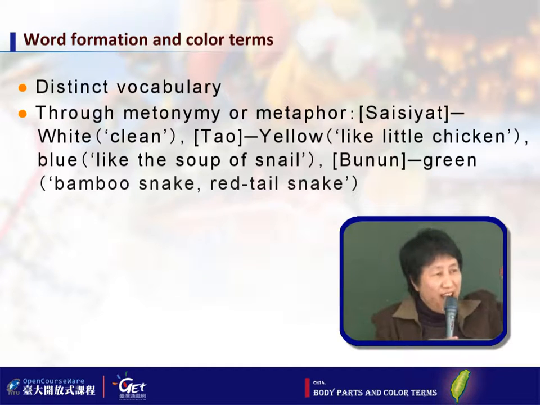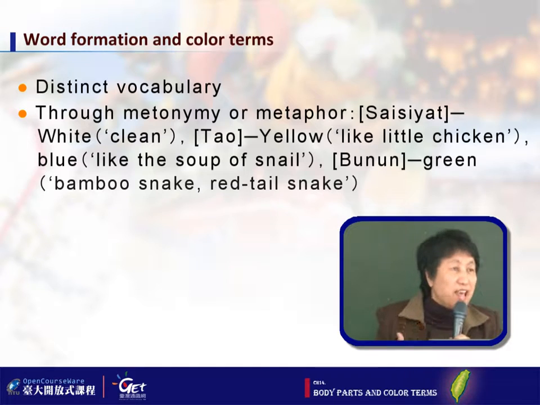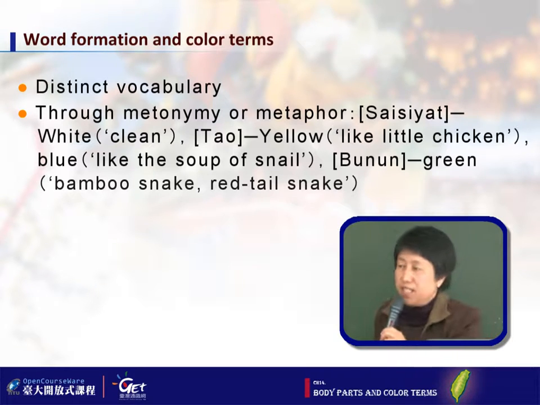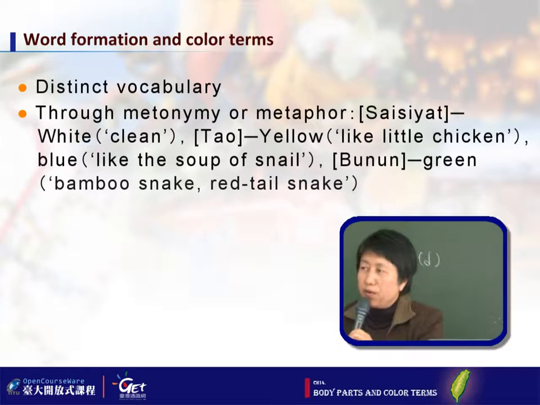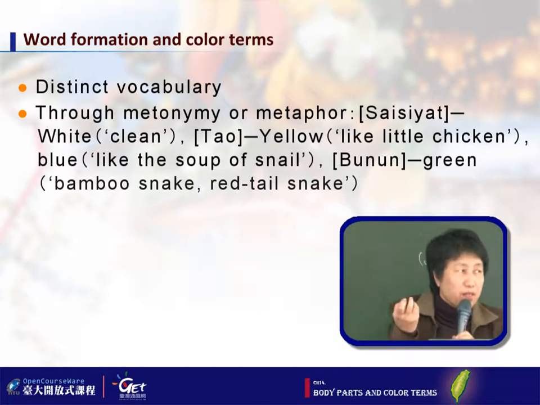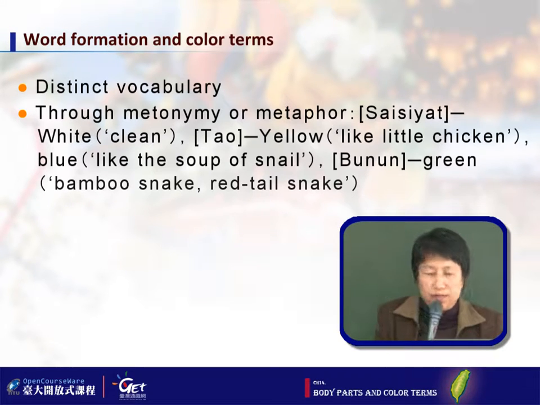It looks like a hen hanging down. So kamai, that's hen in Amis. Okay, so they see the similarity between the two entities, and so they borrow from that particular vocabulary and use it to refer to other things.